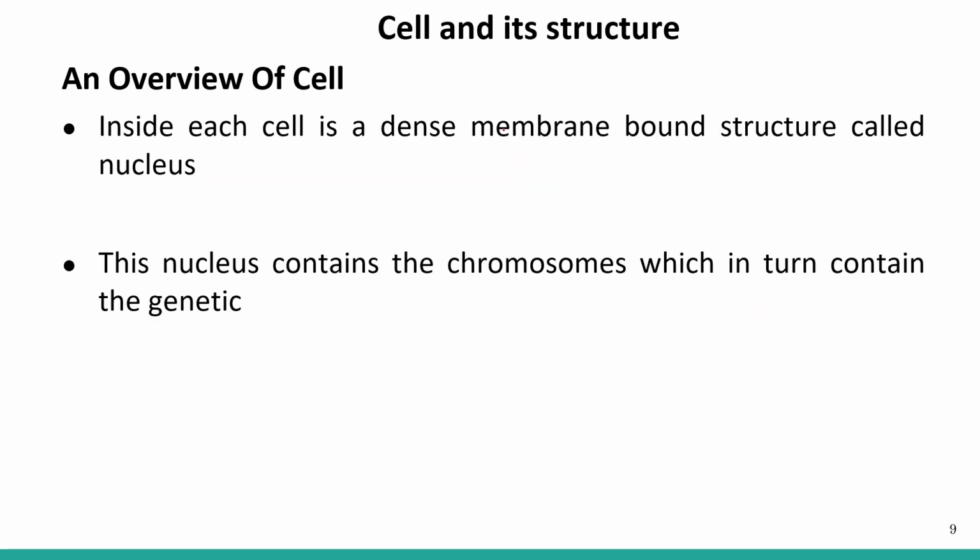Yes. Inside each cell is a dense membrane bound structure called nucleus. So in every cell, whether it is a plant cell or an animal cell, we can see inside the cell, in the center, a dense membrane bound structure which is called the nucleus.